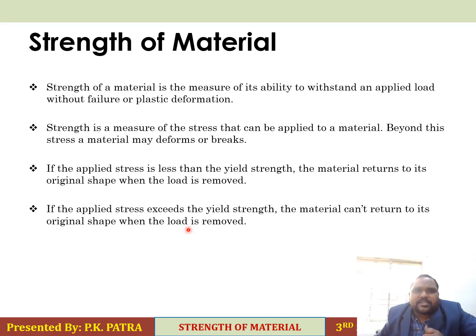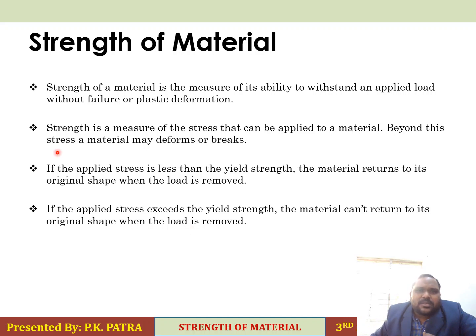On that basis, we can say the ability to withstand failure under the action of load is the strength. If strength is good, then the metal is okay to withstand the load.